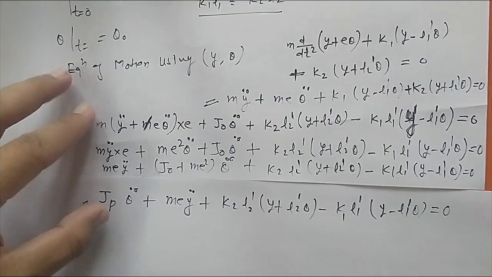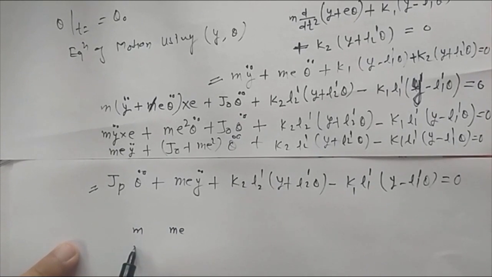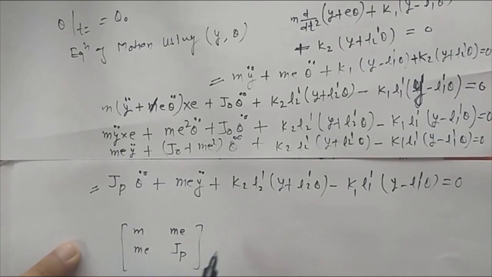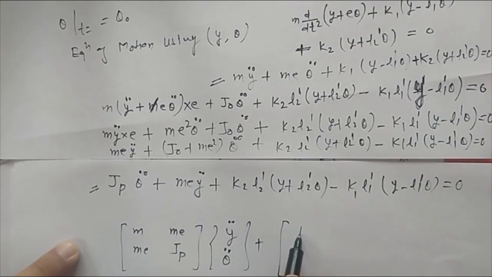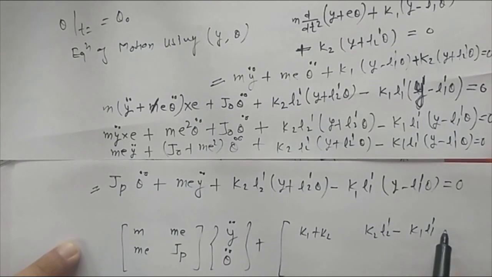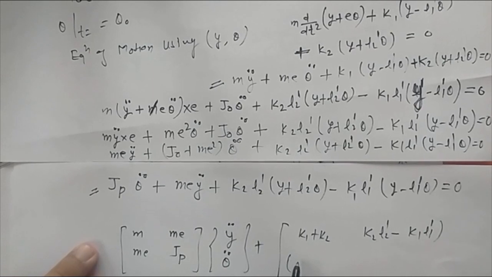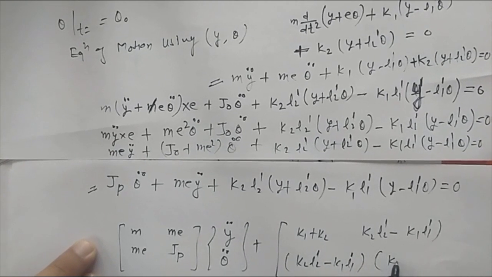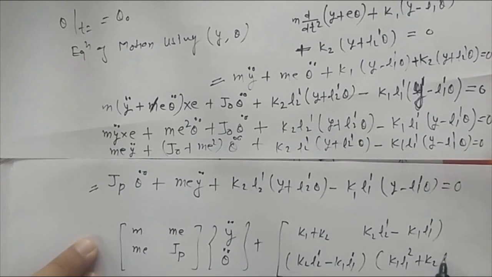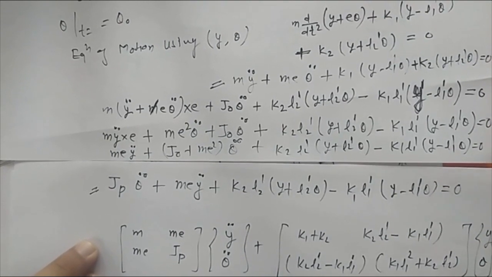And if we write these equations in matrix form, we'll have m, me, Jp, and this is y double dot, theta double dot, plus k1 plus k2, k2 L2 dash minus k1 L1 dash, and k2 L2 dash minus k1 L1 dash, k1 L1 dash square plus k2 L2 dash square, and y and theta is equal to 0, 0.